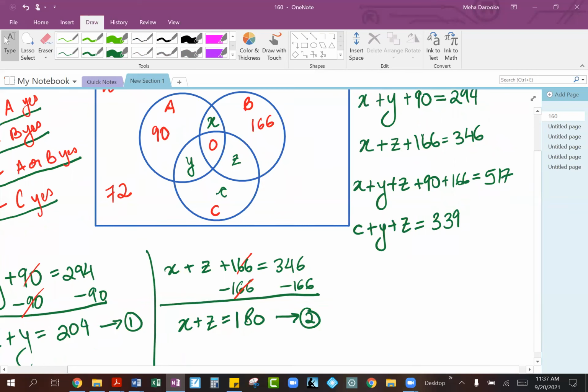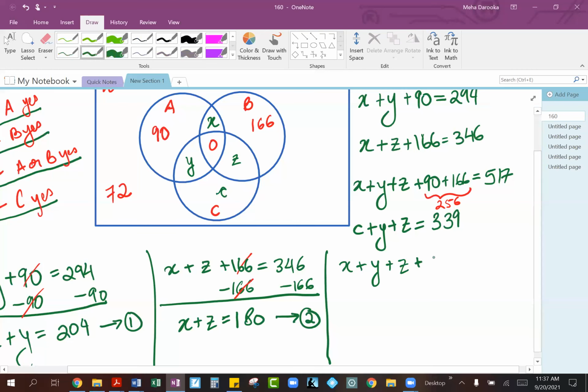And I guess we can actually clean up the equation with the 517 also, because we've got x plus y plus z. We can go ahead and add the 90 with the 166 here, just trying to clean it up as much as you can. So these guys add up to 256 here.